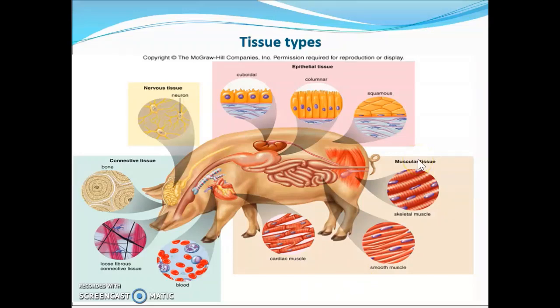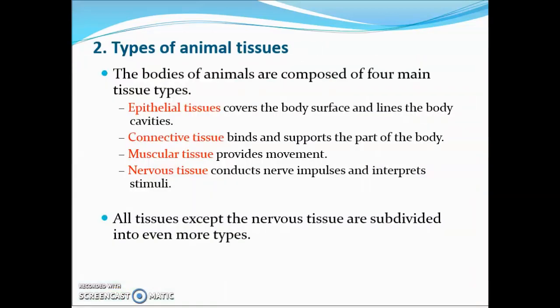In general, in an animal, there are four major categories of tissue type. The first is the epithelial tissue, second is the connective tissue, third is the muscular tissue, and finally the nervous tissue. In general, the main functions of the four types of tissue are listed in this slide.